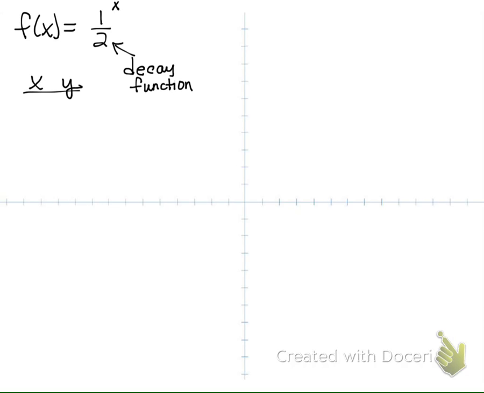My recommendation for decay functions is that instead of using 0 and 1, it's actually much easier for you to use -1 and 0. Why -1? Well, when you take a fraction like 1/2 to the -1 power, do you get a fraction anymore? No, because what do negative exponents do on fractions?